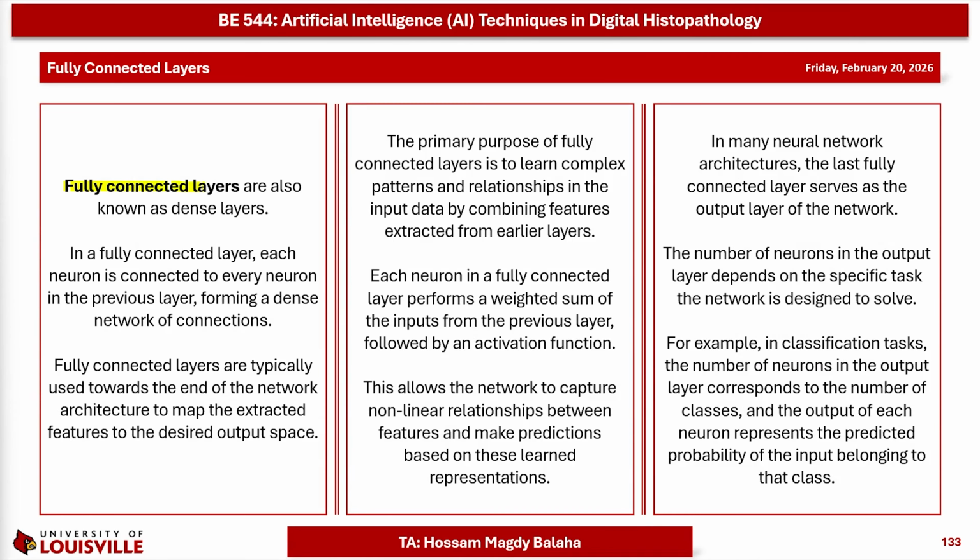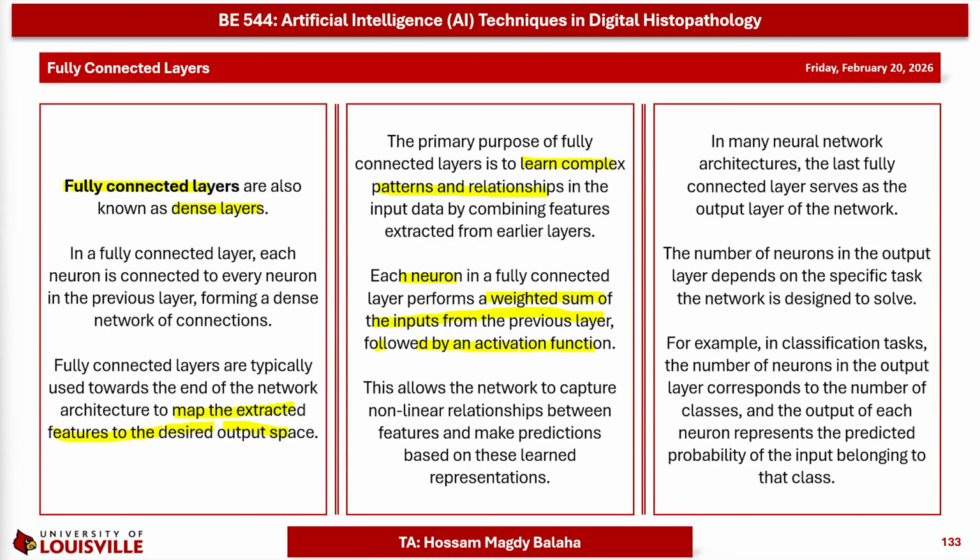The fully connected layers can also be called dense layers, and they are used to map the extracted features to the desired output space. Also, they learn complex patterns, abstractions, and relationships from the input data, which is the output from the flattening layer. These fully connected layers contain neurons, and each neuron in a specific layer performs a weighted sum of the inputs from the previous layer, followed by an activation function.